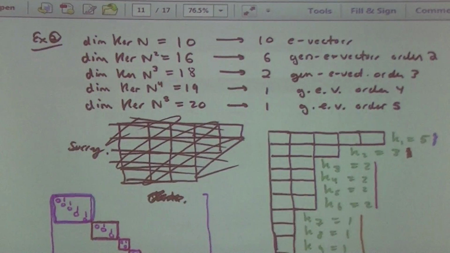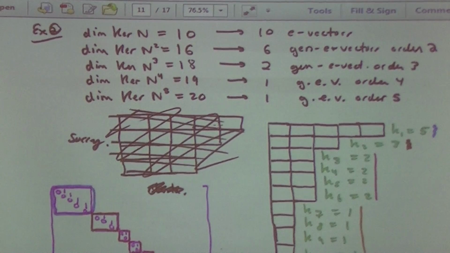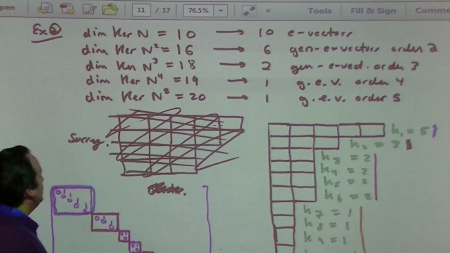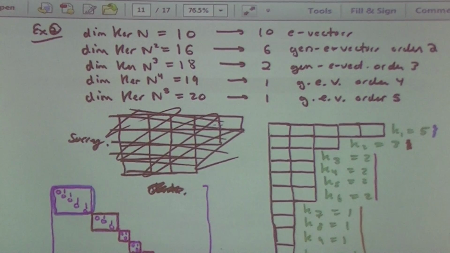Here's another more complicated example. I will post these, obviously. Okay, so the kernel of n being 10 means there are 10 eigenvectors with eigenvalue 0 for n, right? So that would give you 10 boxes in this tableau. And then if the kernel of n squared was 16, that would mean that when you look at n squared, you get 6 more linearly independent vectors in the basis.